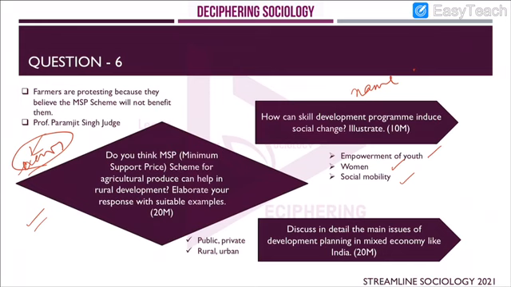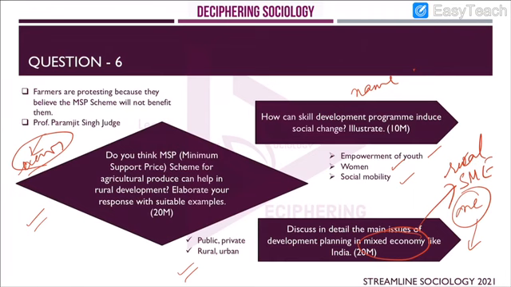Then the main issue of development planning in a mixed economy like India. So what happens when there is a mixed economy? We would have to take care of rural areas. We would have to come up with small scale industries, small and medium enterprises. We cannot restrict ourselves to one form of enterprise or industry, so we have to go for a mixed approach.